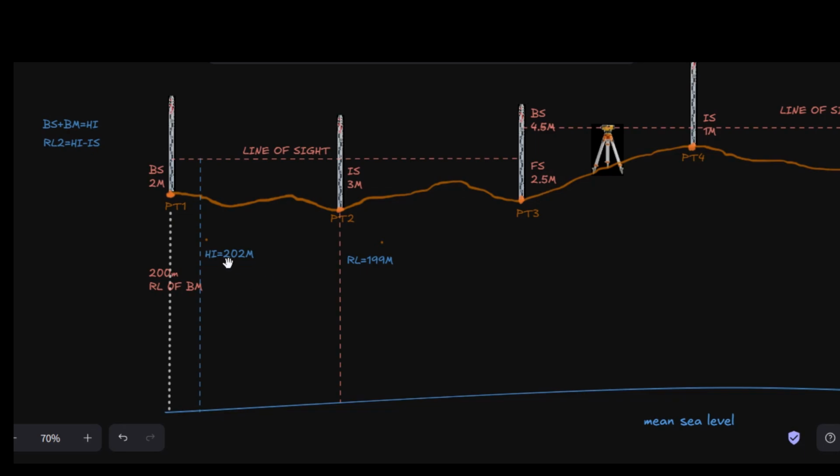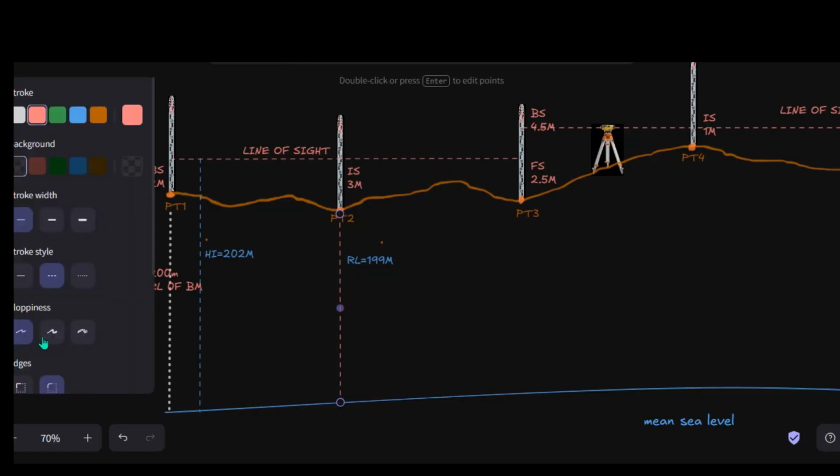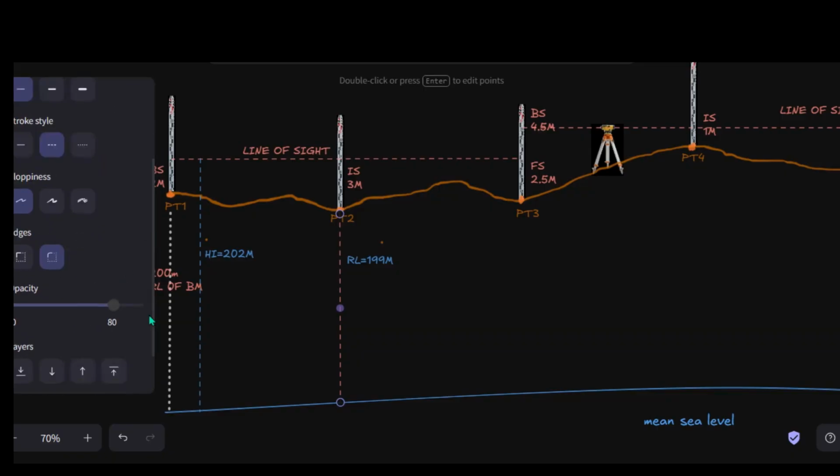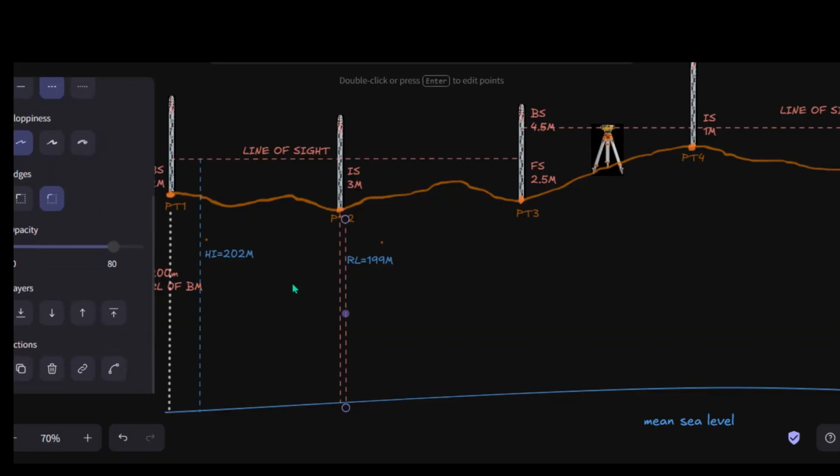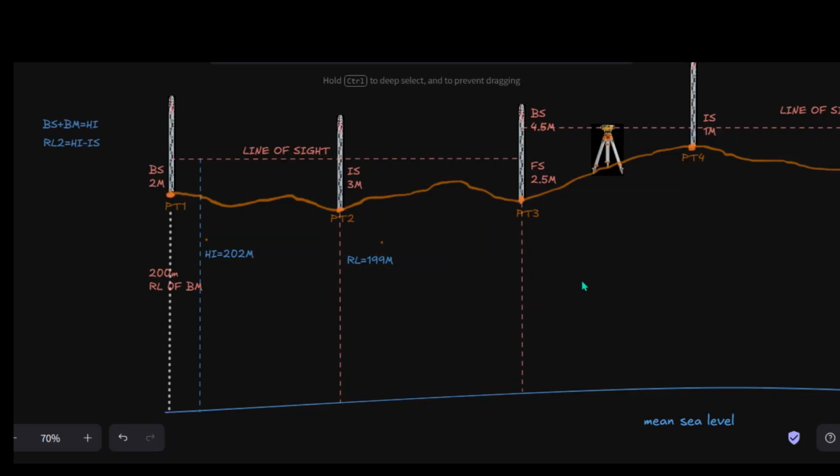I'll subtract 2.5 from 202 meters to get my reduced level of point 3.